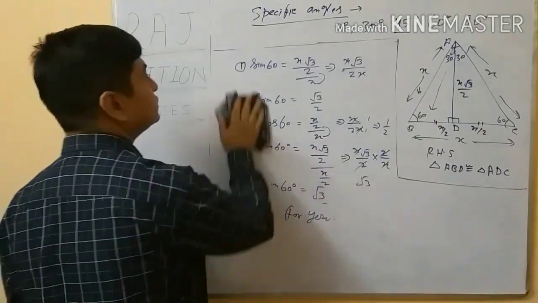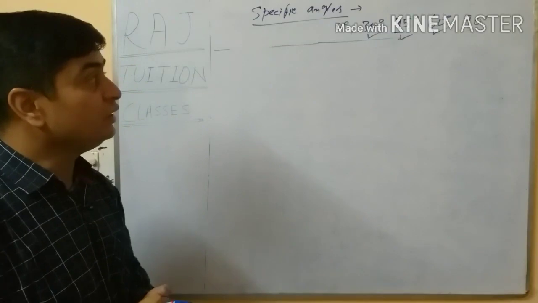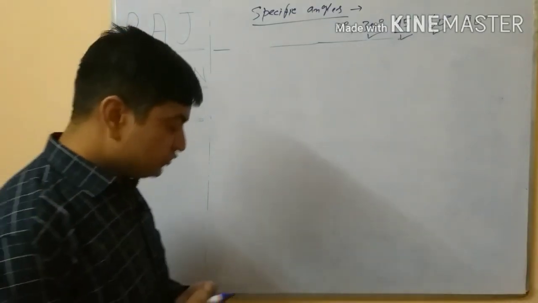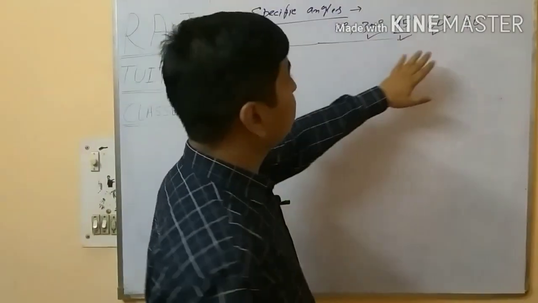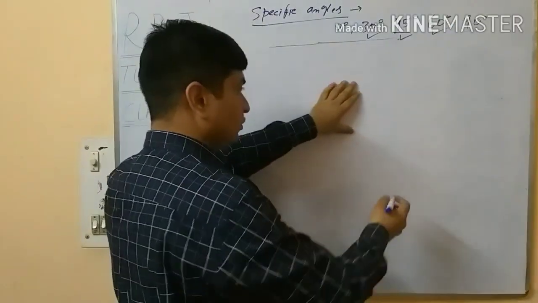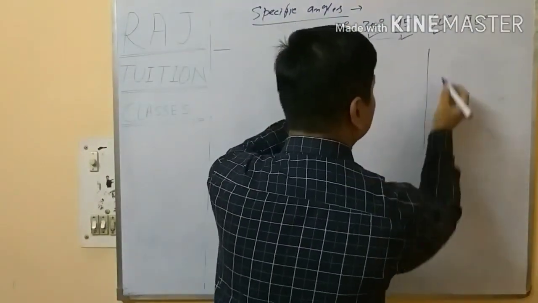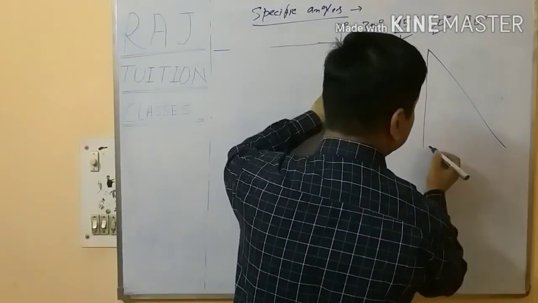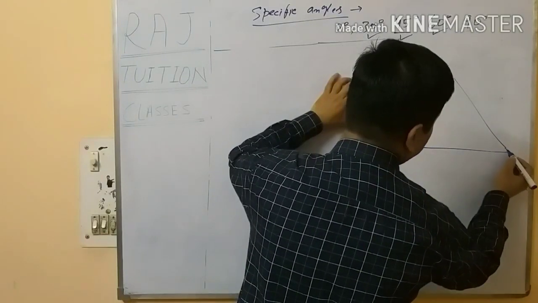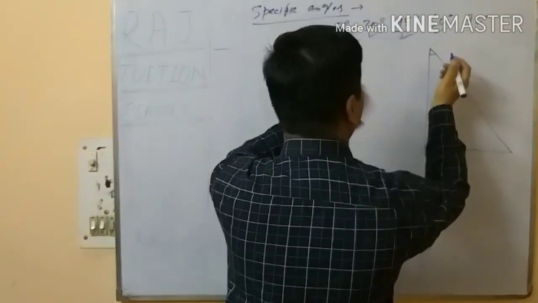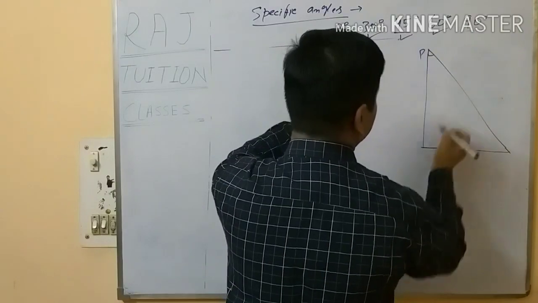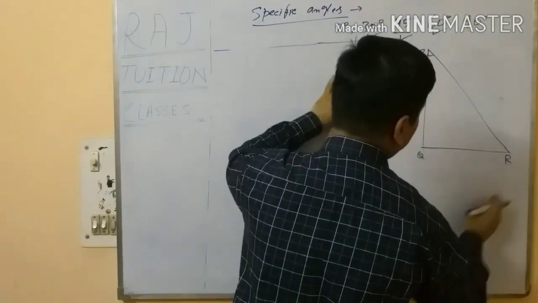I'm just going to discuss 0 degree and 90 degree. As we have already discussed, I just want to draw the triangle first. To calculate trigonometric ratios, if there is a triangle, this time I should take it PQR.